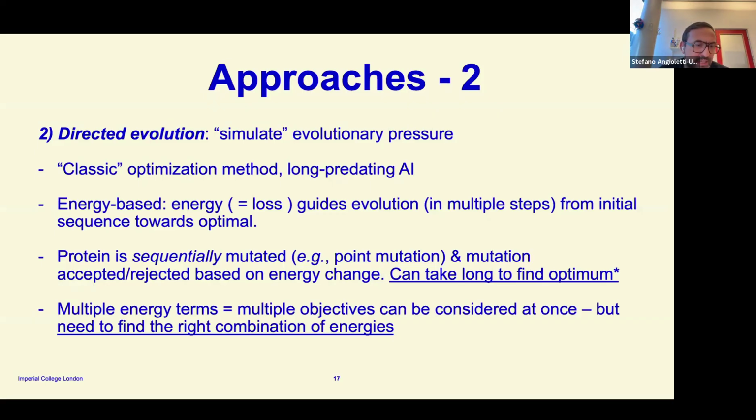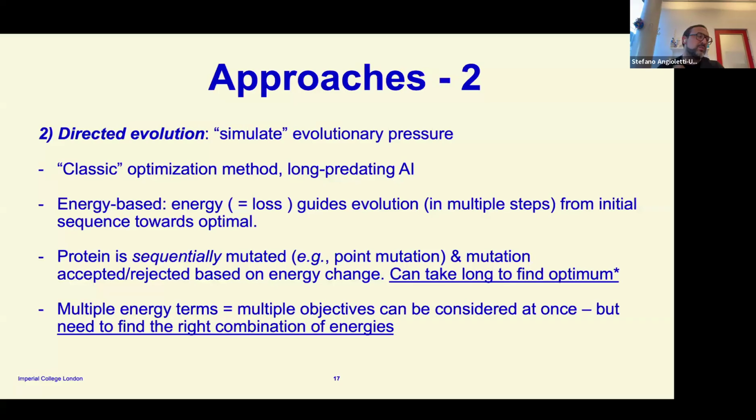At the same time, the advantage is that in a directed evolution approach, you can use multiple energy terms. So I can make my energy, my loss function, my fitness function, I can combine different parts. So I can have one part of the energy that, for example, looks for proteins that bind better.